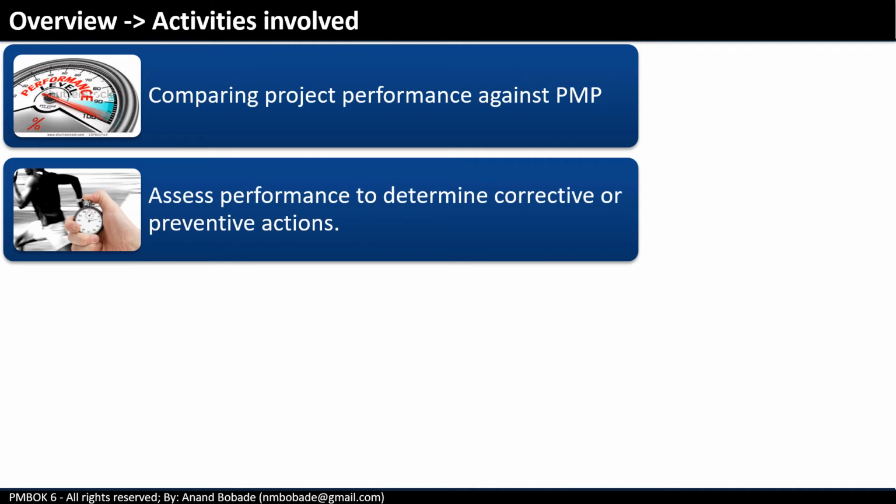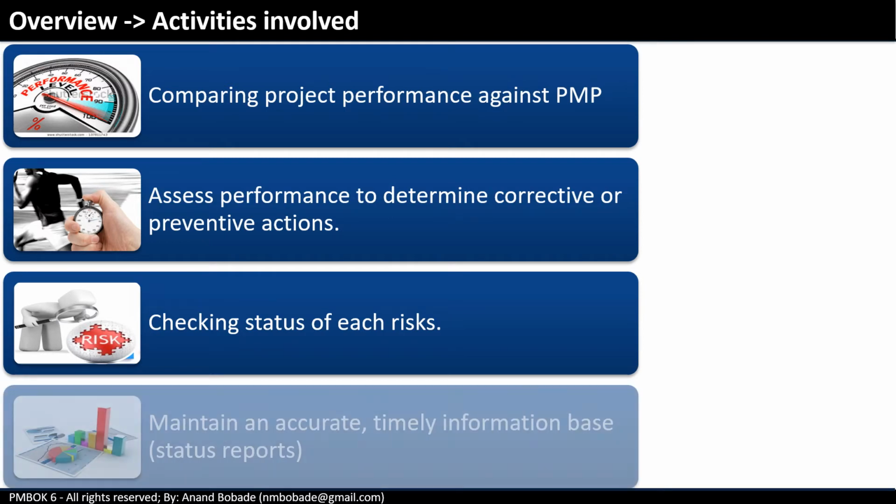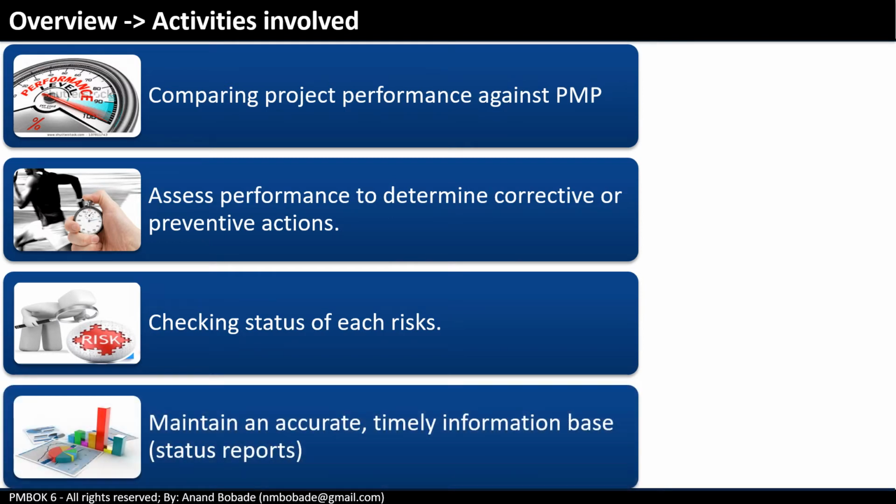Assessing performance to determine whether any corrective or preventive actions are required, and also recommending those actions as necessary as we go on. Checking the status of each risk. Risks are not constant or static. They keep changing, so you need to constantly check the status. Maintain an accurate, timely information base. So whenever you create the status report, you ensure that the latest status of the project is communicated to stakeholders.